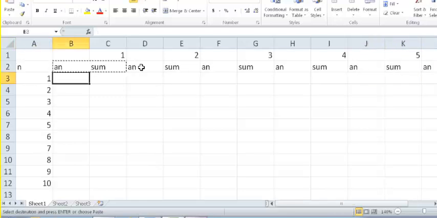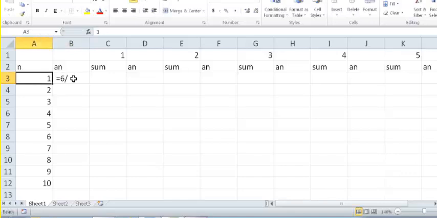So now we need to write the equations for each one of these. So the first one, A sub n, is 6 divided by n. Oh, forgot my equal sign. Equals 6 divided by, there we go.